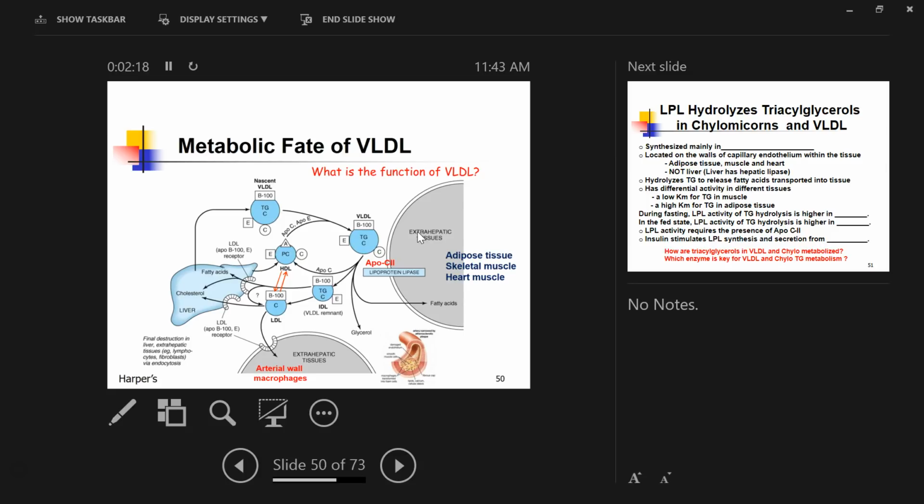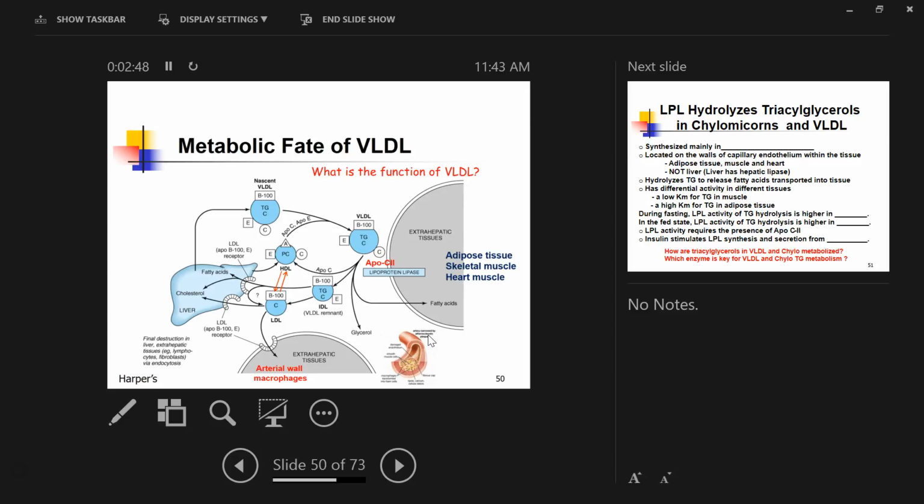But during the fasting condition, VLDL actually transports triglyceride from the liver to muscle cells, right? I think we talked about this. We divide it into two different stages, the fed condition and the fasting condition. The sources of fatty acids for VLDL synthesis can be different, and the destination is also different, right?